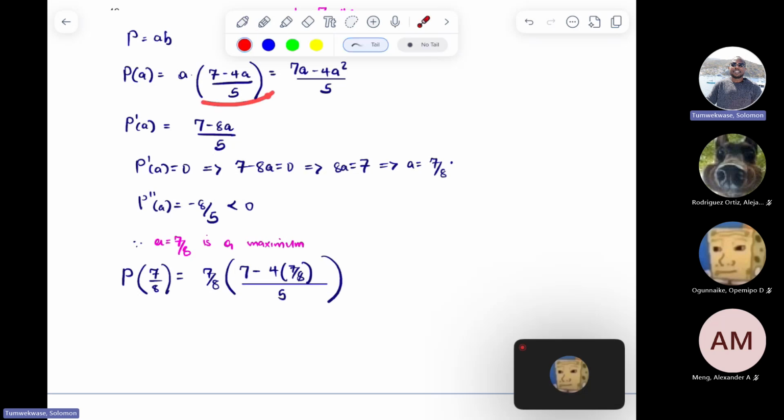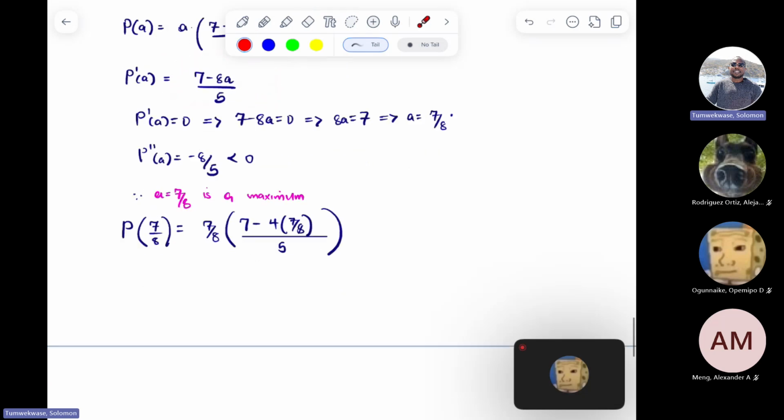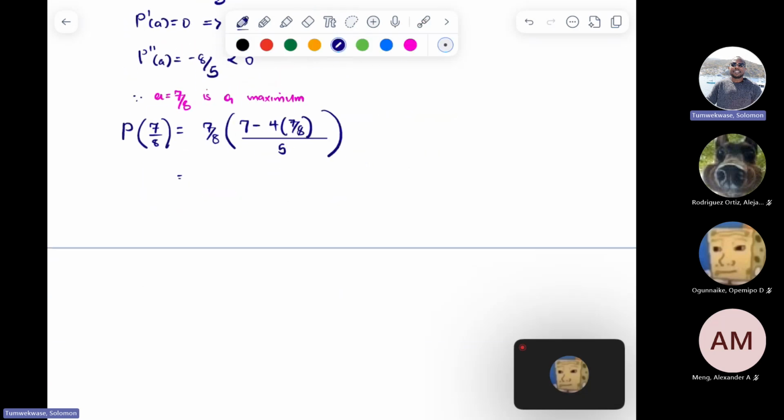I'm substituting this value right here, okay? Maybe 7 over 8 into 7 minus by 4, 1 by 4, this is 2. So this is 7 over 2, then the whole of it over 5.